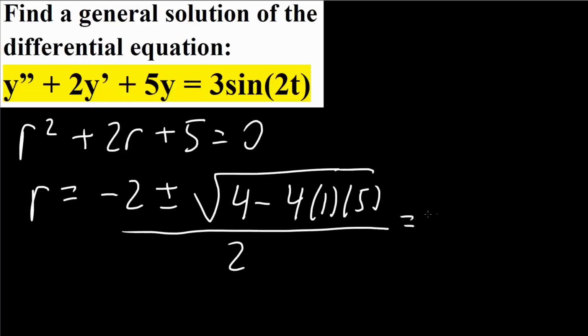So we would get minus 2 divided by 2, which is minus 1, plus or minus the square root of 4 minus 20, which is minus 16. The square root of minus 16 is plus or minus 4i. 4i divided by 2 gives us plus or minus 2i. I'm going to scroll down a little bit.